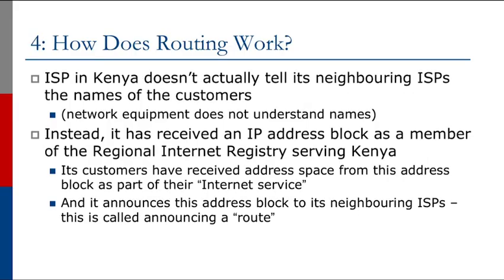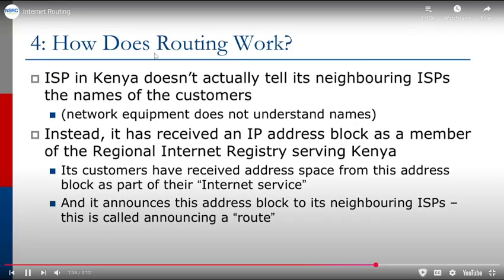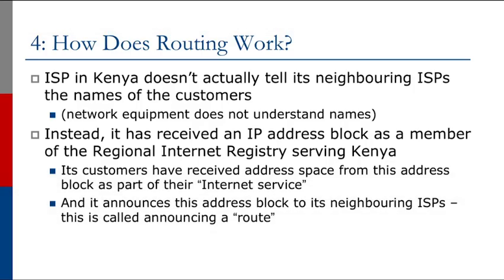The ISP in Kenya does not actually tell his neighboring ISPs the names of the customers because the network equipment does not understand names. Instead, he has received an IP address block as a member of the Regional Internet Registry serving Kenya. His customers have received address space from this address block as part of their internet service, and he announces this address block on his router to his neighboring ISPs.